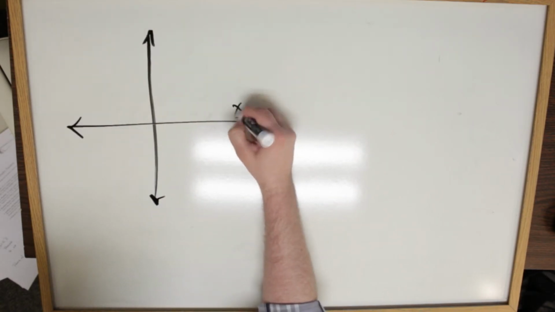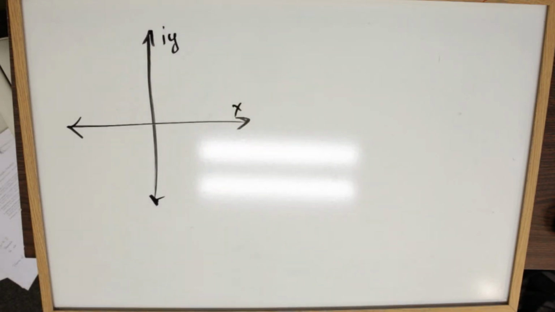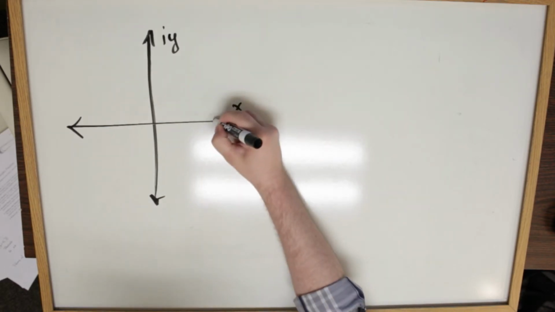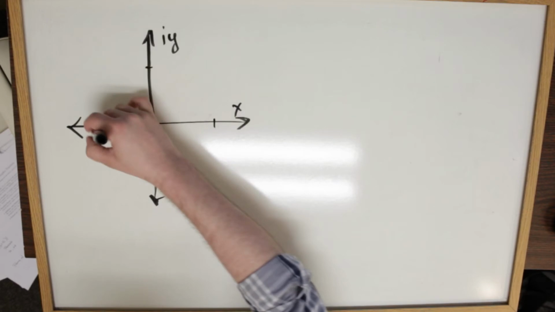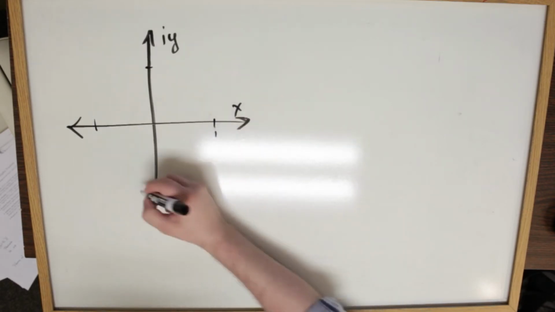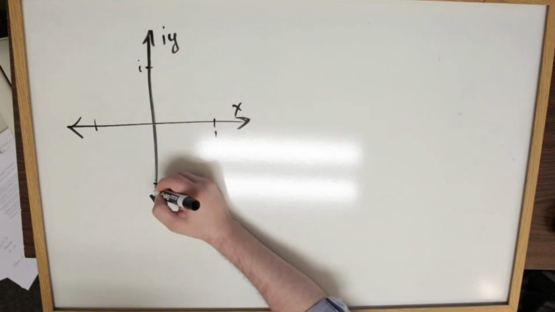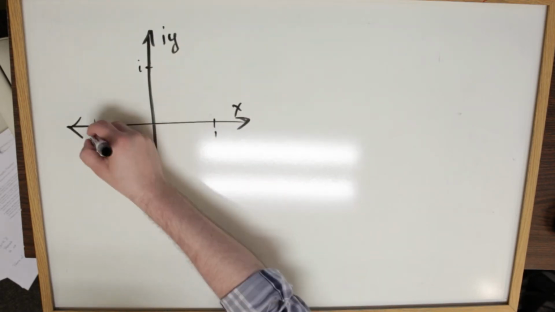Here we have our x-axis, and here we have our y-axis. Or you can think of this as A and IB, it doesn't matter. What we're going to do is think about a distance of 1 on each of those axes. So this is 1, this is going to be I since it's on the I-axis, this is going to be -I, and this will be -1.